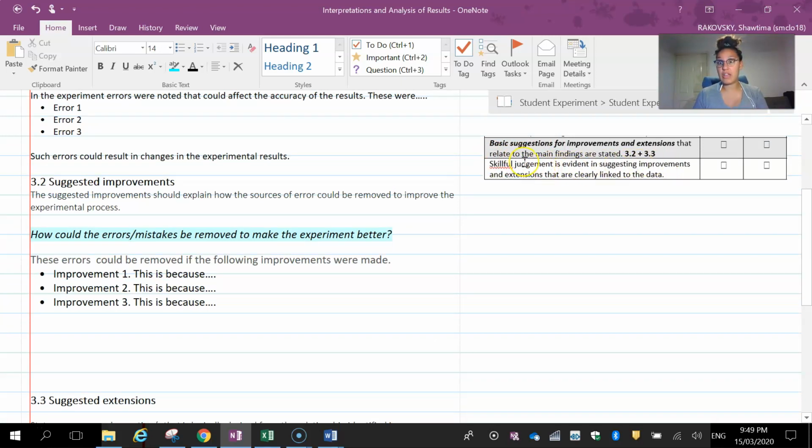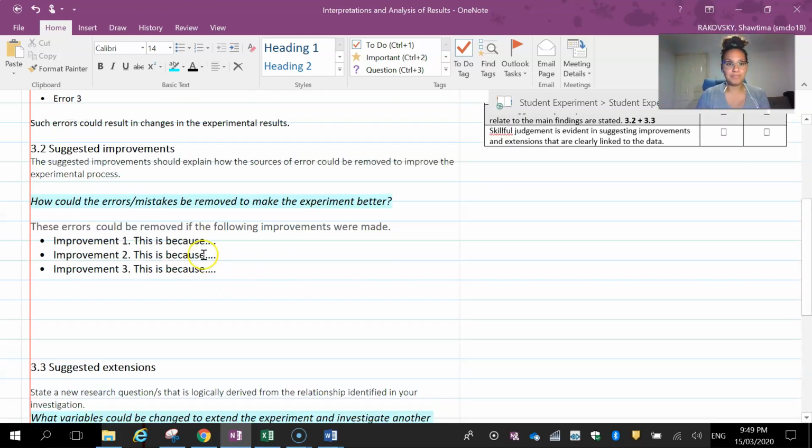So that just means, are you thinking about how it logically comes from your research question and how you are going to extend it, and it's linked to your data. So you may have found that you've got different distances being traveled depending on the surface. So the rougher the surface, the less the distance travels. So now you might look at the surface type of the object being rolled down the hill, because that would be a logical progression of modifying the experiment for extension.